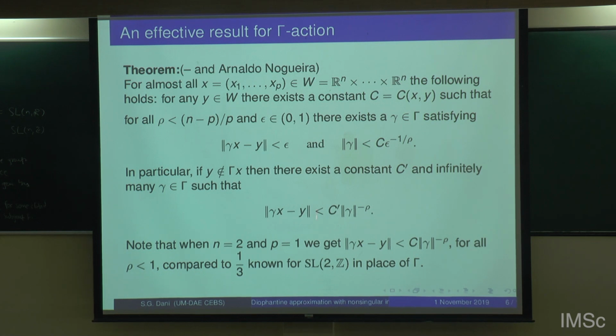These two relations are closely related. If I have this, it means that epsilon raised to 1 by rho is less than a constant times the norm of gamma raised to minus 1, and therefore epsilon is less than a constant times the norm of gamma raised to minus rho.